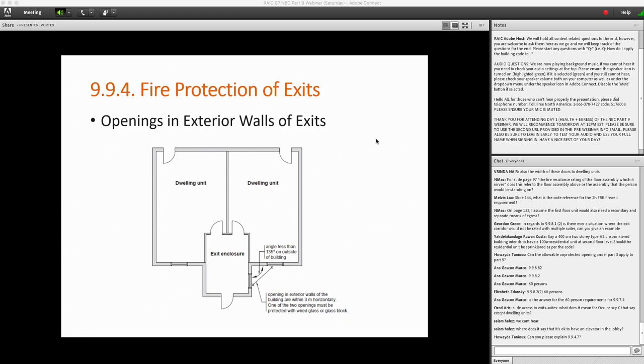What article does 998 single exit pertain to? Let me go back to 998 single exit. A single exit is where, for instance, you have a 2-story building, and it's a very small building. If you can meet the travel distances in 9974 and the occupant load in the building is very low, not more than 60 persons, then you can have one exit serving that floor area.